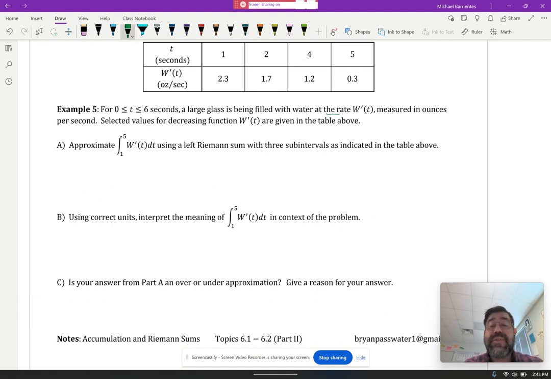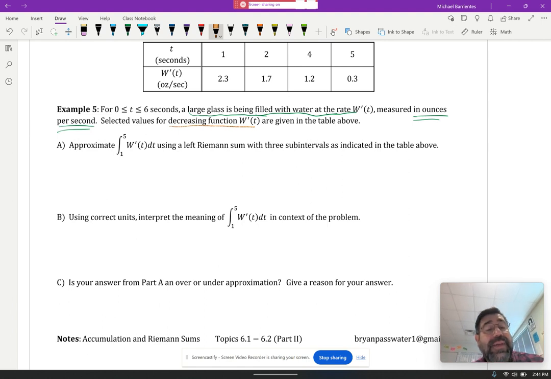It measures the rate at which the large glass is being filled with water. It tells me the units of w prime, which is in ounces per second. And it also tells me that w prime is decreasing. I can definitely see that from the values, but they're making it explicit that w prime is decreasing, at least in the first 6 seconds, from time 0 to time 6.